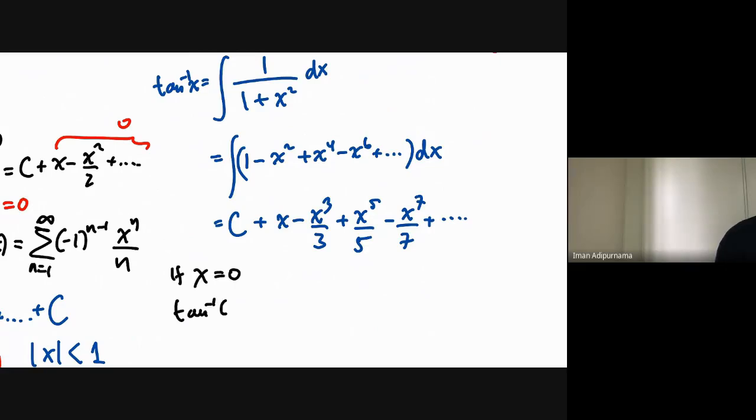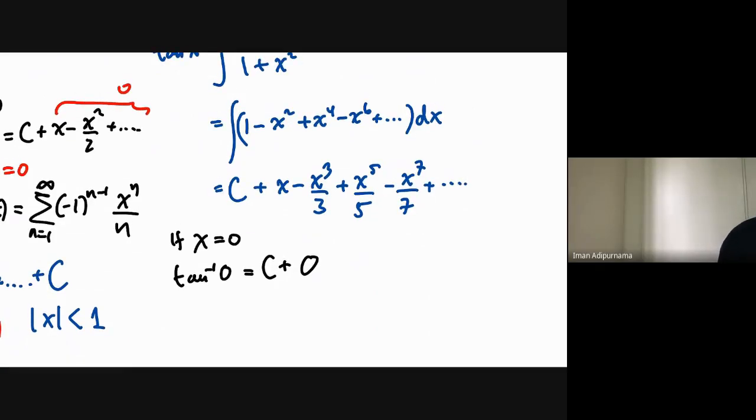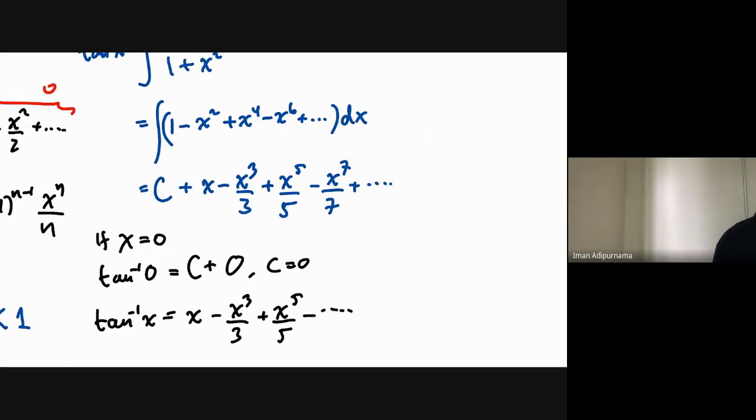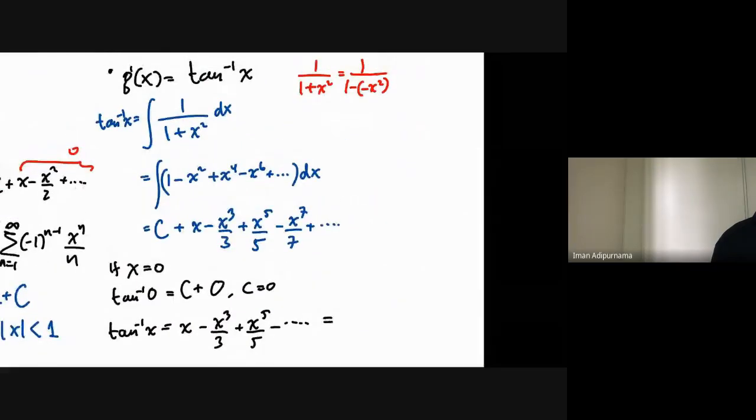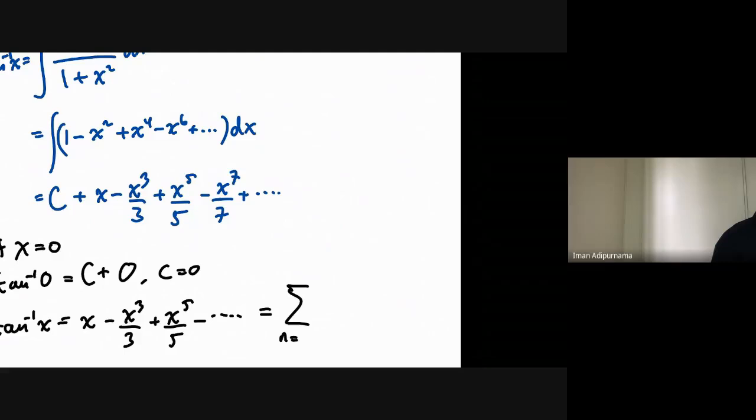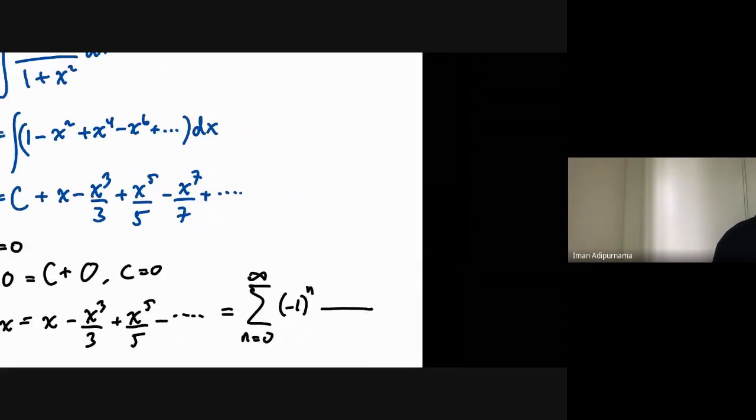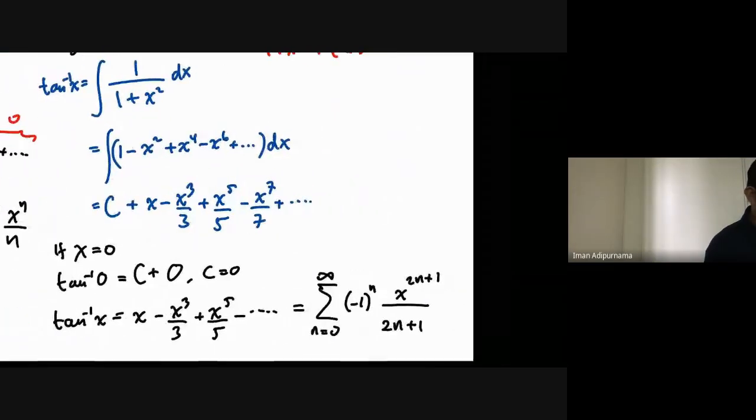Tangent inverse 0 will be c plus 0, so c is 0. So tangent inverse x will be x minus x cubed over 3 plus x to the fifth over 5 minus and so on. And this will be equal to the sum, where it becomes the odd numbers, 2n plus 1, right? 1, 3, 5, 7.